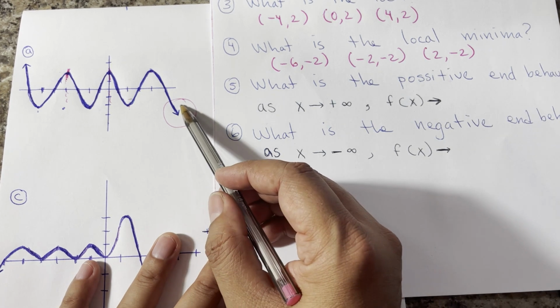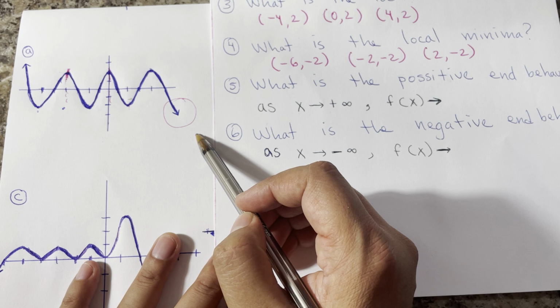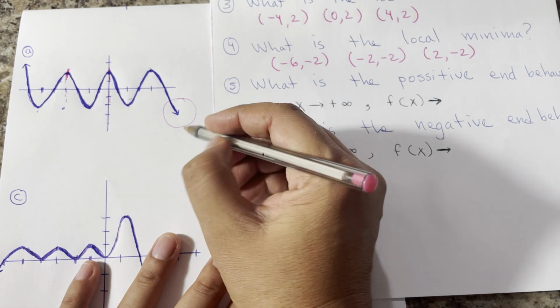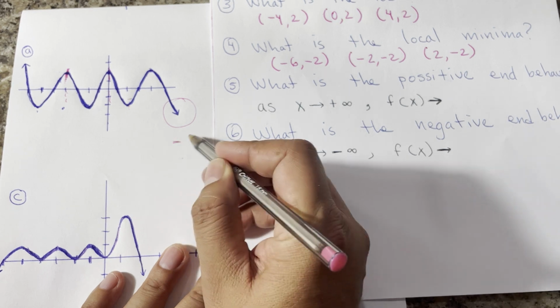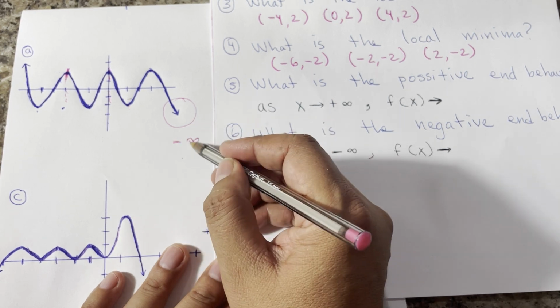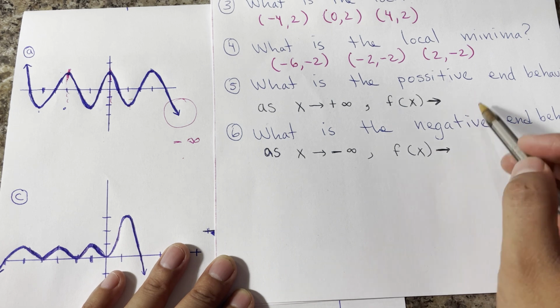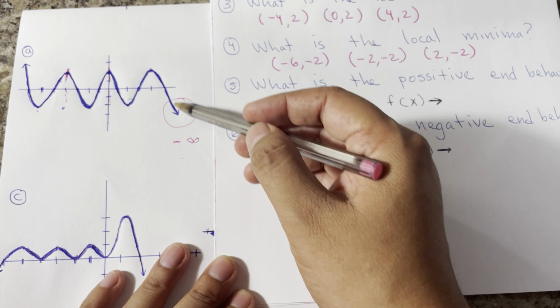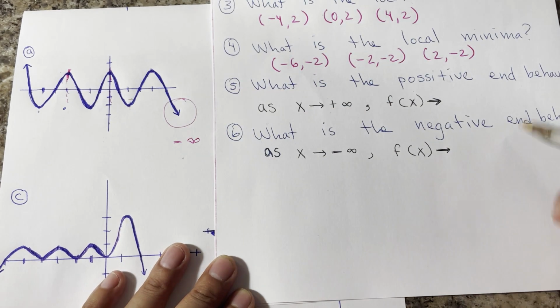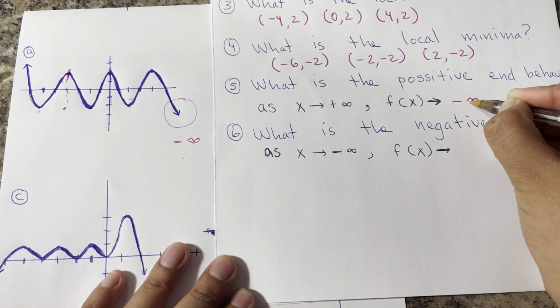We can see, is it going towards the negative infinity or positive infinity? Because it's not converging to anything, it's going to negative infinity. For this part, we're just looking at the y values. Is it going towards the negatives or positives? Well, going down is towards negative infinity.